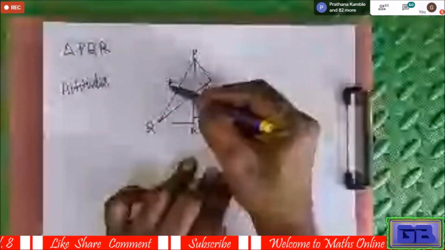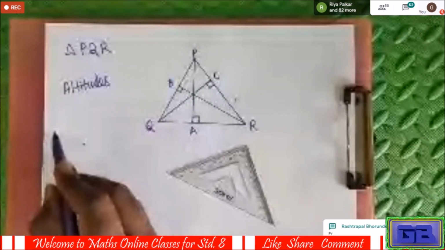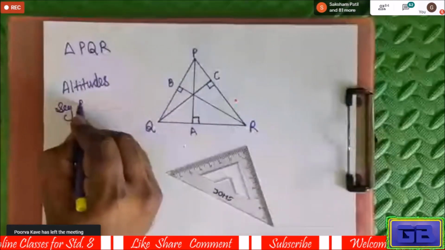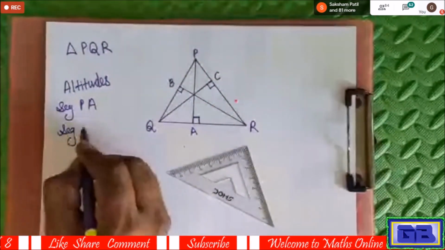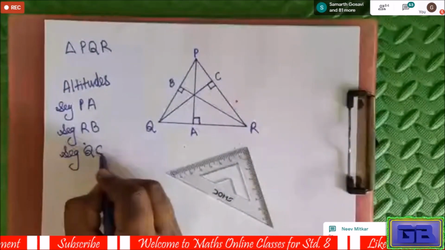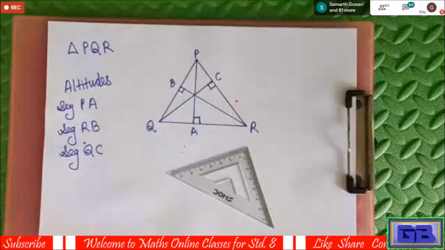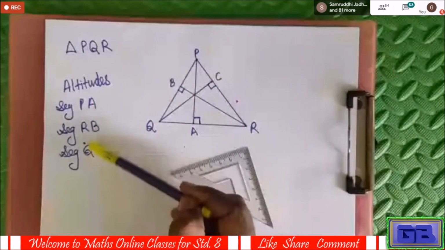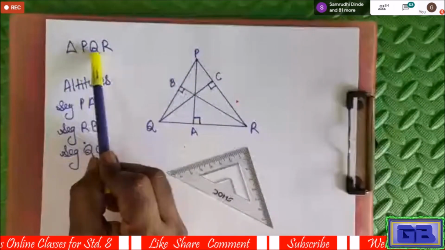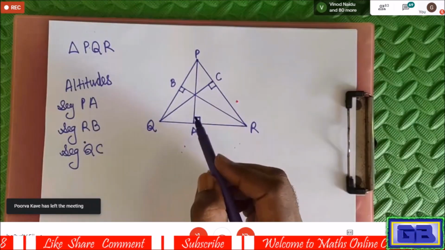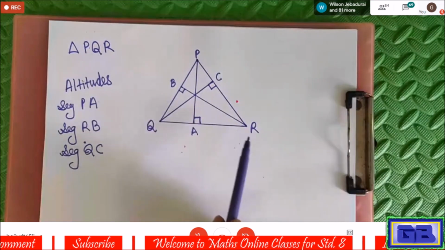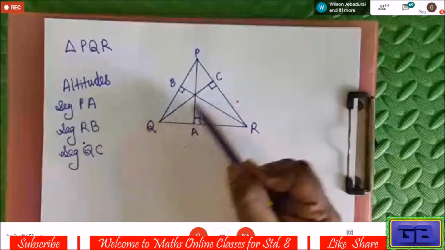Here A, here B, here C. Write down the names of all three altitudes: segment PA, segment RB, segment QC. These three perpendiculars, these three segments are altitudes of triangle PQR. Now see, segment PA, segment RB, and segment QC.